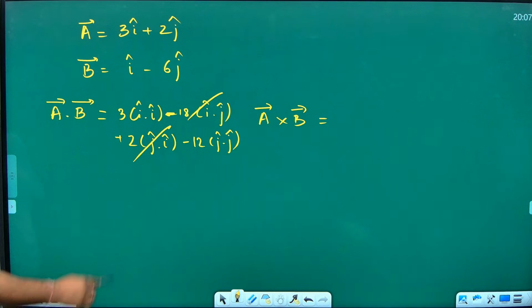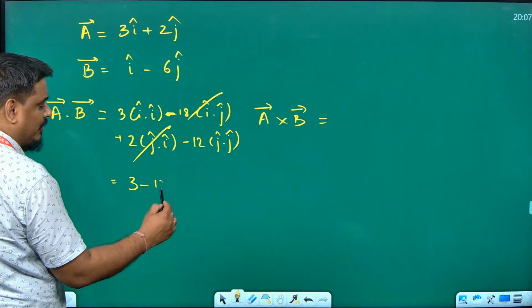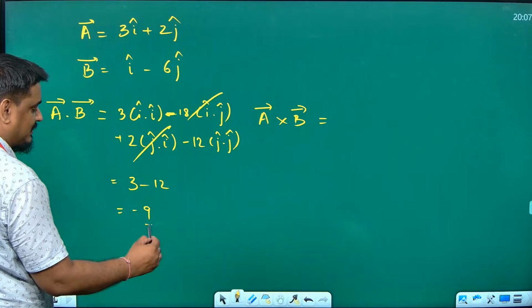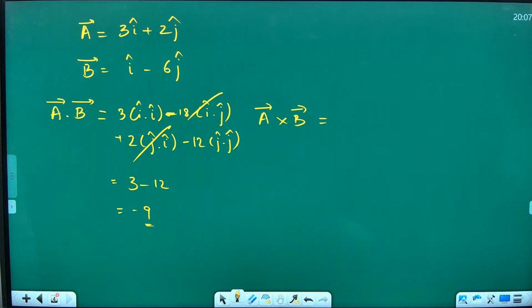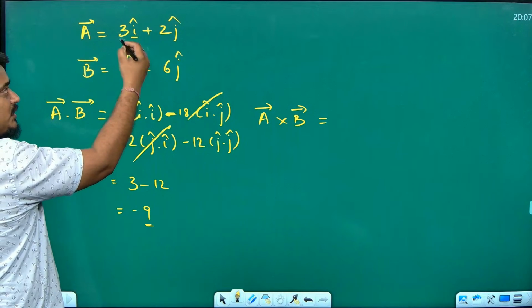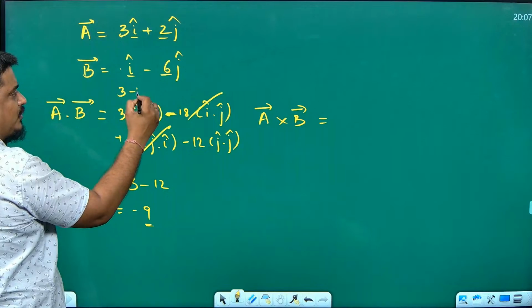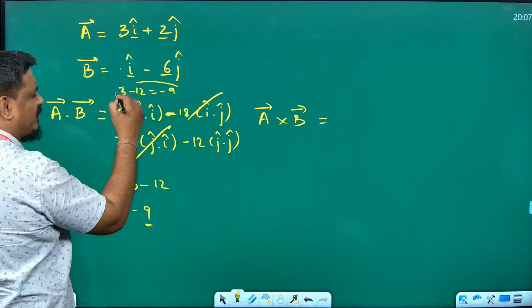We know very well, i dot i will become 1, so it will be 3 minus, j dot j will become 1, 12, which is equal to minus 9. Simple way is, see the coefficients, multiply those terms. So 3 into 1 will become 3, 2 into minus 6 becomes minus 12, so 3 minus 12 is becoming minus 9. Simple way of solving.